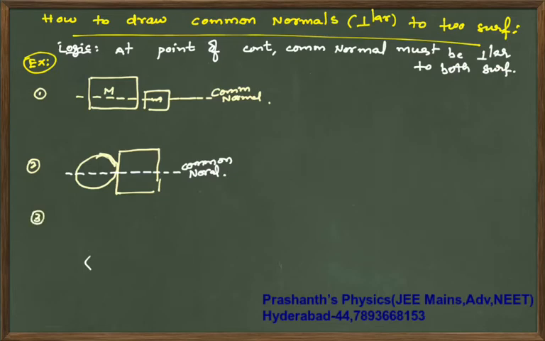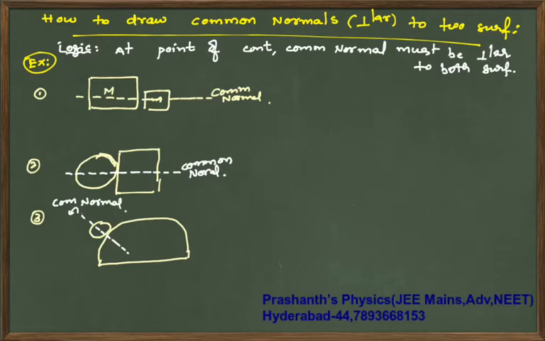Next, number 3. Your third one, you have the common normal this way. So like this you will have your common normal.